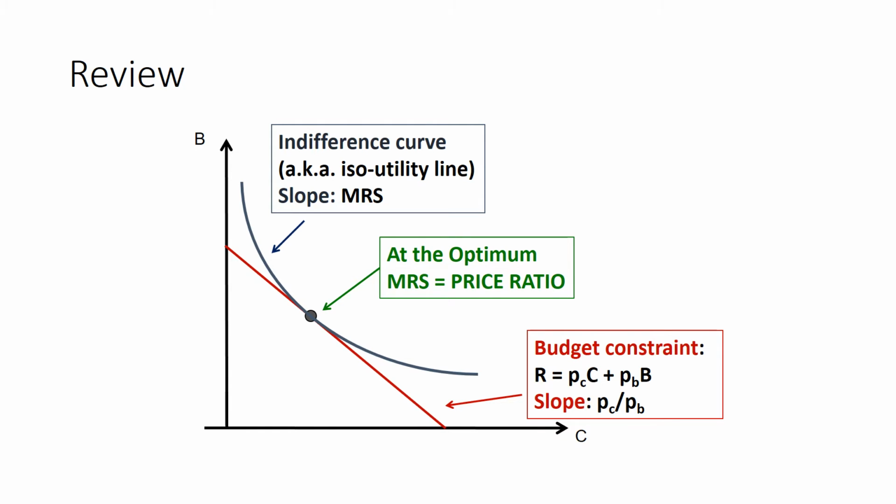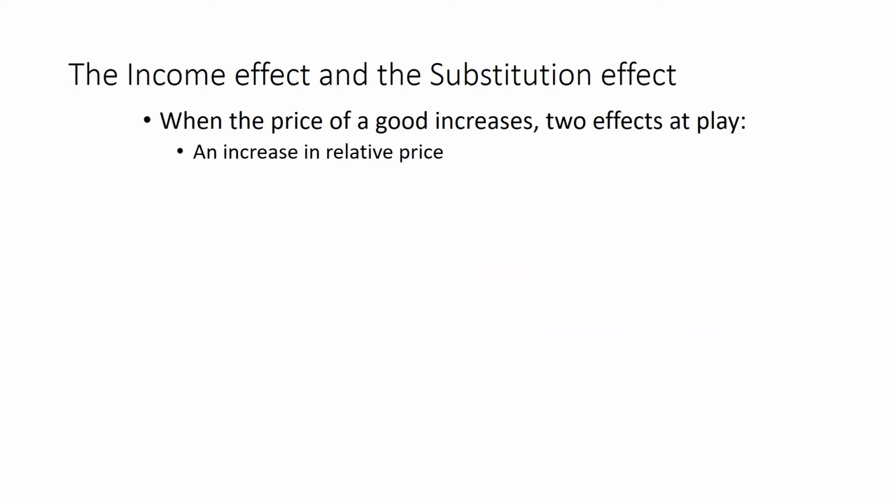Given these properties, now we're going to see what happens when the price of a good increases. And we're going to see that two effects are at play. First of all, when the price of one good increases, there's an increase in the relative price. So the price ratio changes because one of the goods has its price changed.